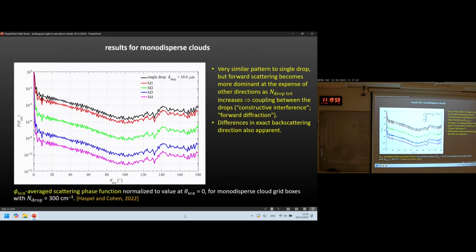And we can run the model and get the results, and we see something like this. This has, on the x-axis, the scattering angle. So 0 degrees is directly forward, 180 degrees is directly backward. And what we're getting is the full solution for the different clouds. And we see that quite a bit of energy is scattered in the direct forward direction.